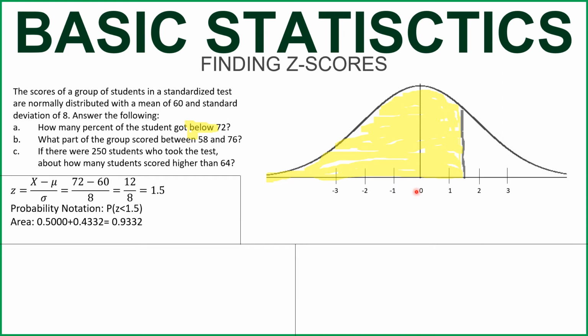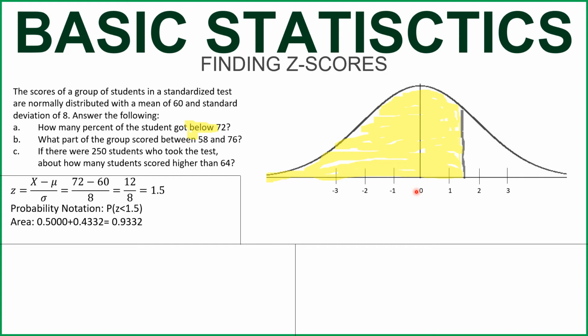So, kunin nyo yung SciPax nyo, tignan nyo yung z-score table, makikita nyo doon. So, titignan natin yung 1.5 sa first 2 digit, tingin tayo sa vertical line, so 1.5. And sa horizontal line naman is 0 siya.